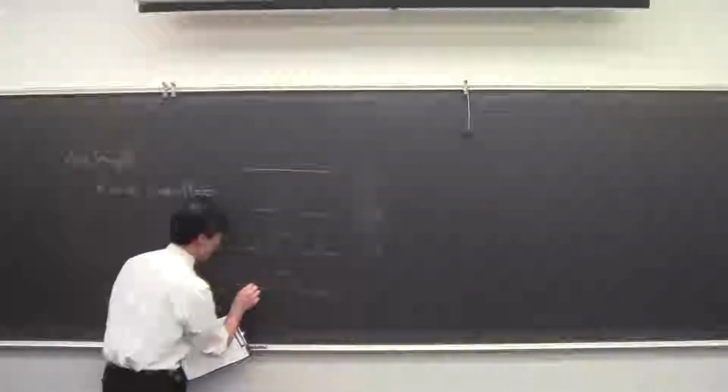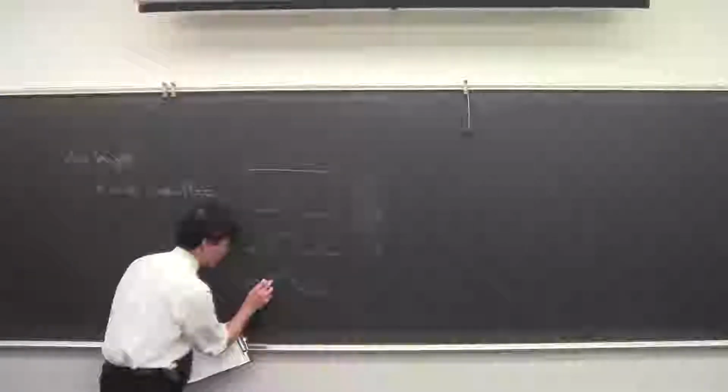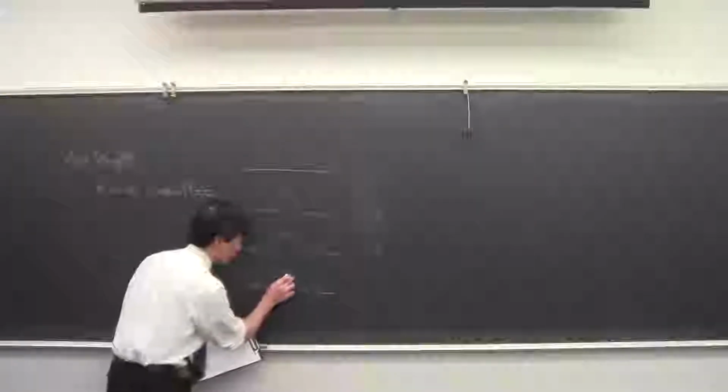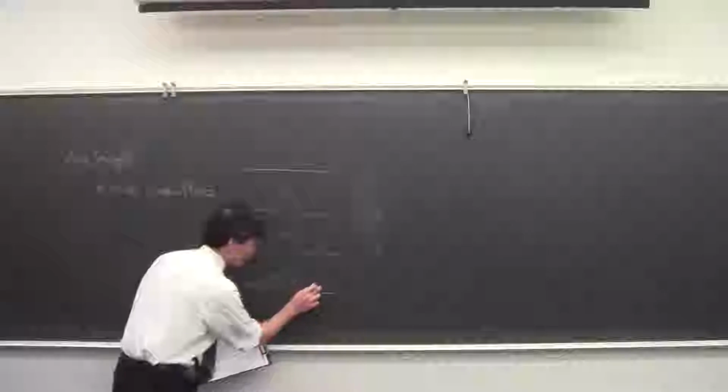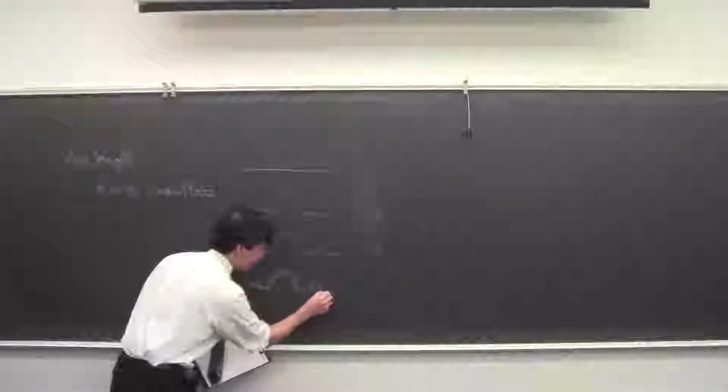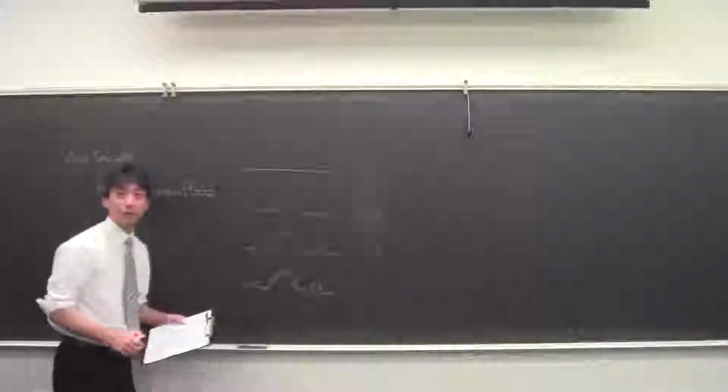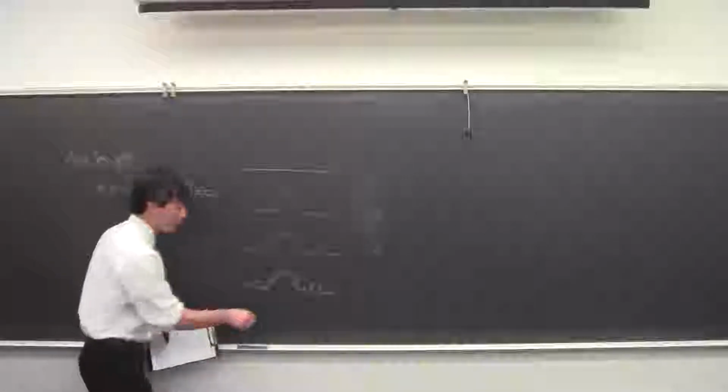You take the previous one, and you erase all the middle thirds of it, and then you put these little spikes on them. And then you keep on going.